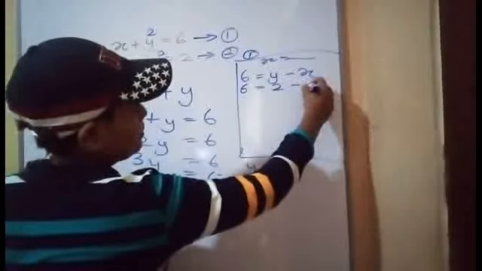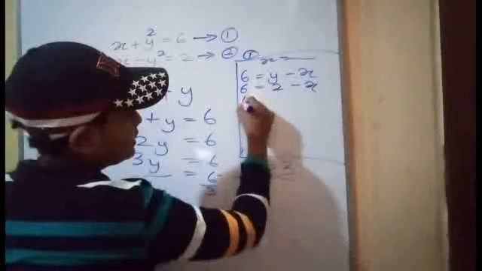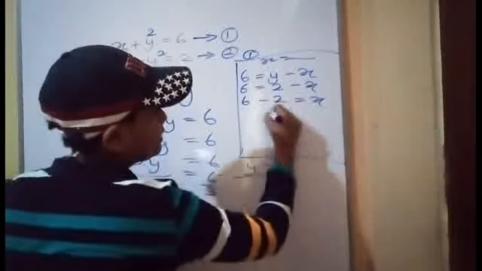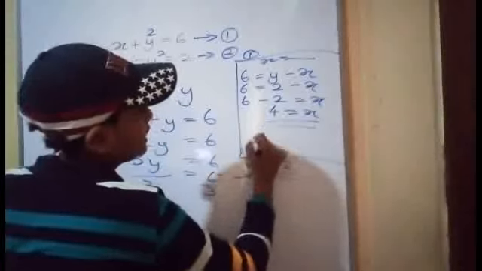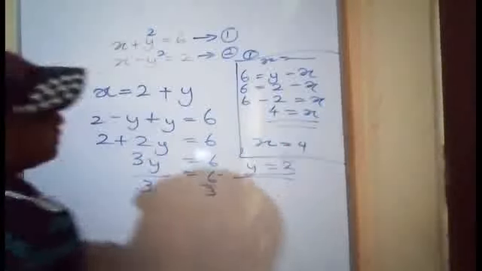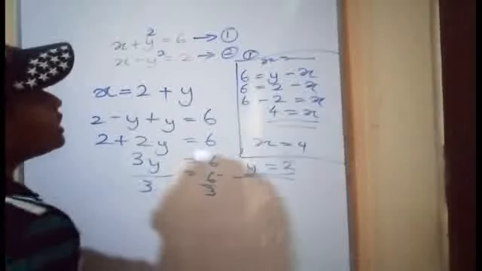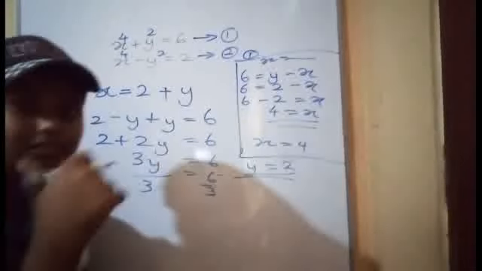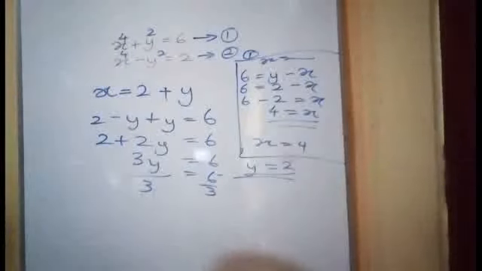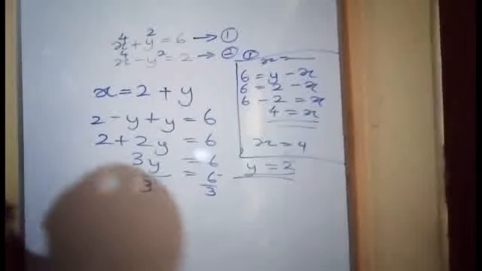That means 6 subtract 2 is x. That means 4 equals x. That means the x is 4 and y is 2. So, let's check: 4 plus 2 is 6. 4 subtract 2 is 2. Now, correct.